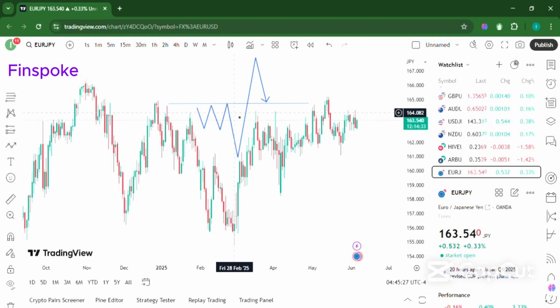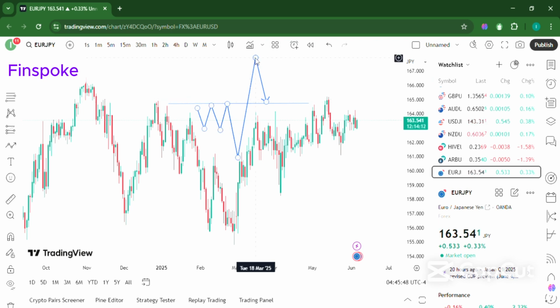That is a significant fall in price. Then the price starts regaining strength and comes up to break this horizontal line, then shoots up.